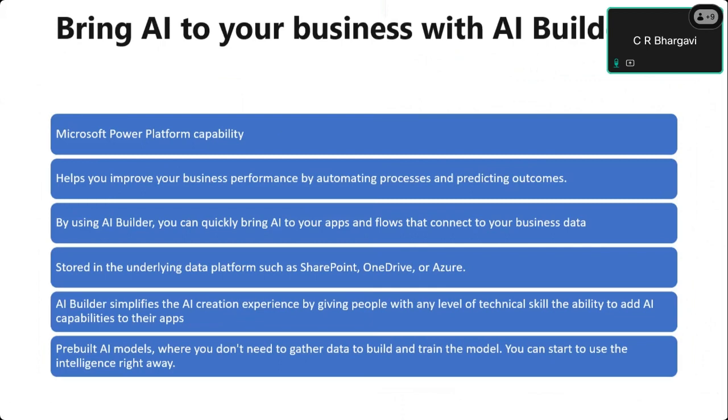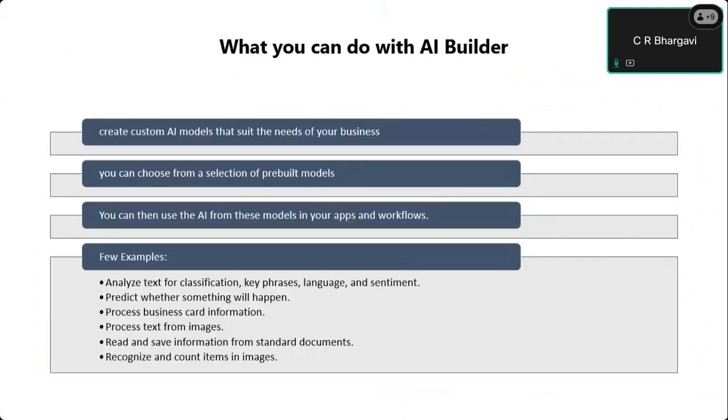So you don't have to sit and train the model at one stretch. And what can we do with the help of the AI Builder that is available? You can build custom AI models that are suitable for your business, and we can either select from the pre-built models, or customize one for our own.